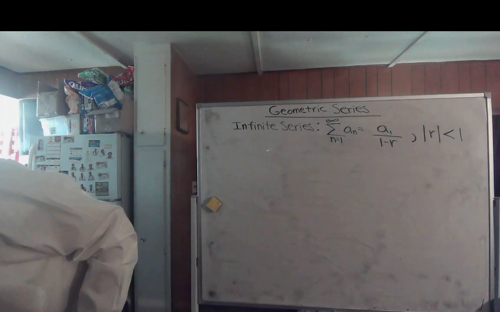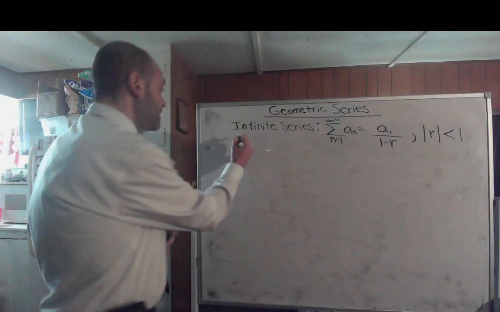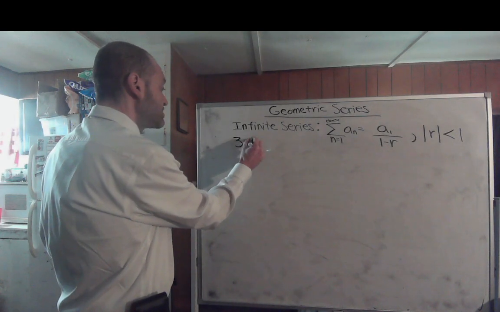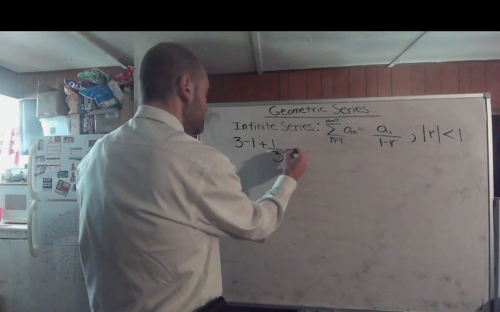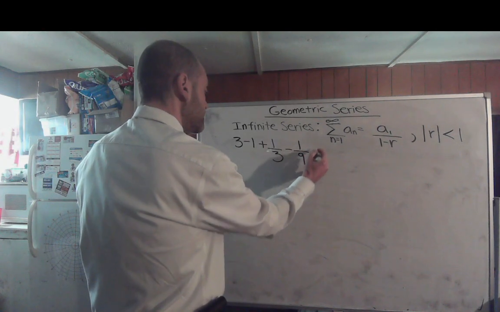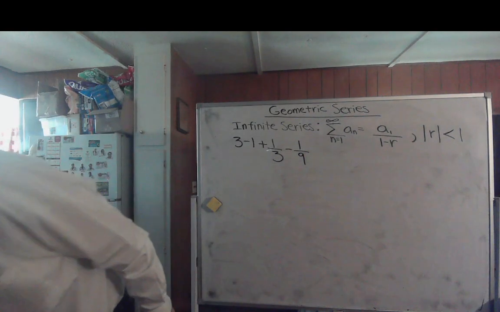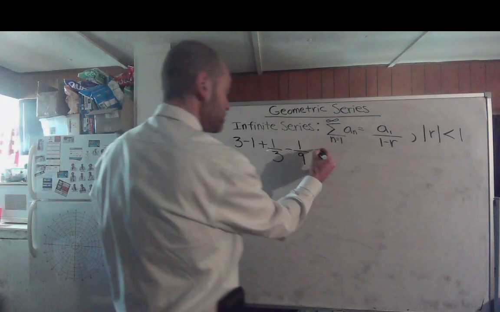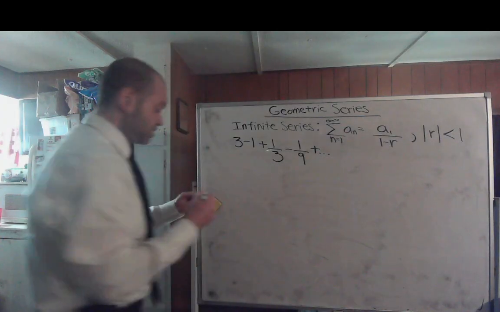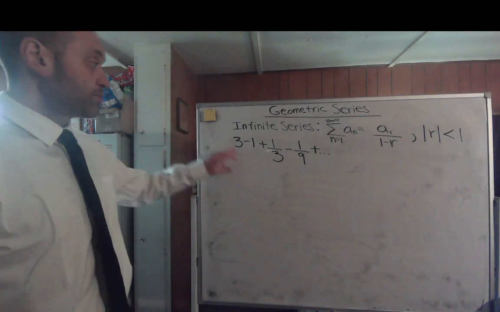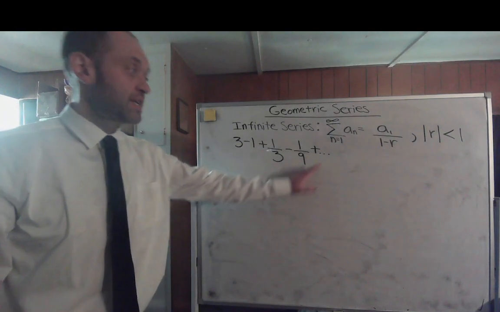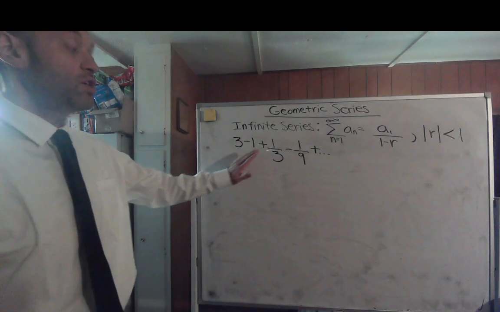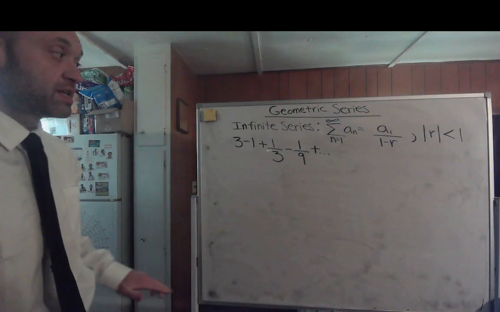All right, let's see, we have 3 minus 1 plus 1/3 minus 1/9 plus ... So we have 3 minus 1 plus 1/3 minus 1/9 plus ... So we have an infinite alternating geometric series.